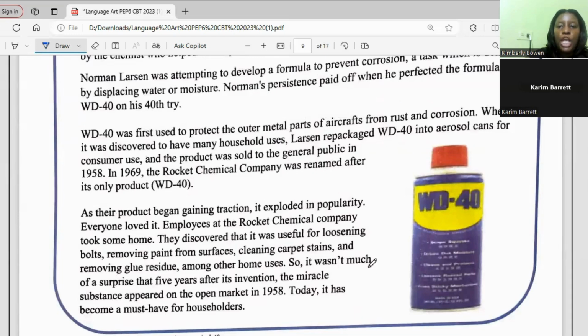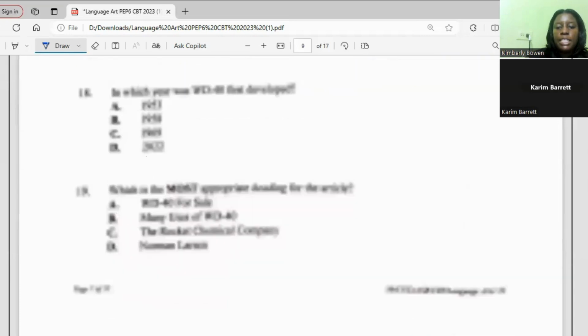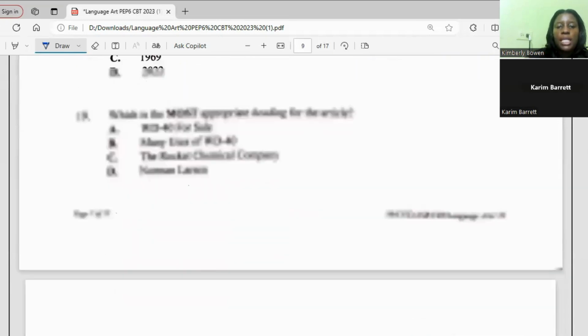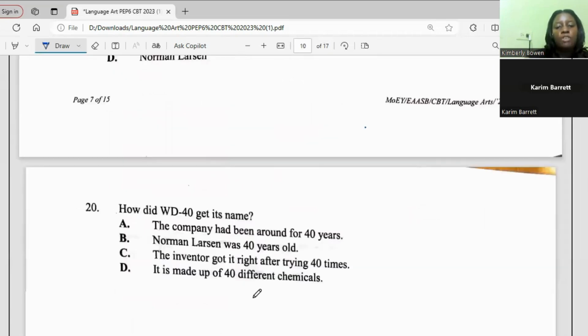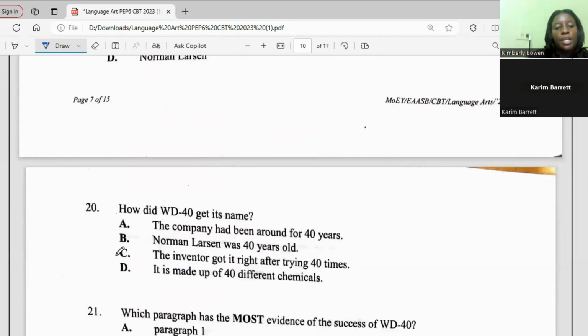It said that Norman's persistence paid off when he perfected the formula for WD-40 on his 40th try. So that means that he attempted to make this product 40 times and he got it right on the 40th try. So the correct answer is C.